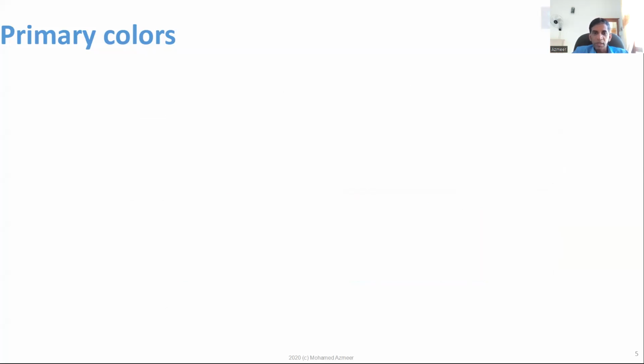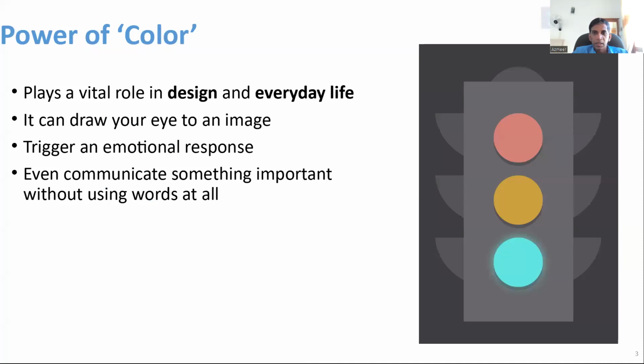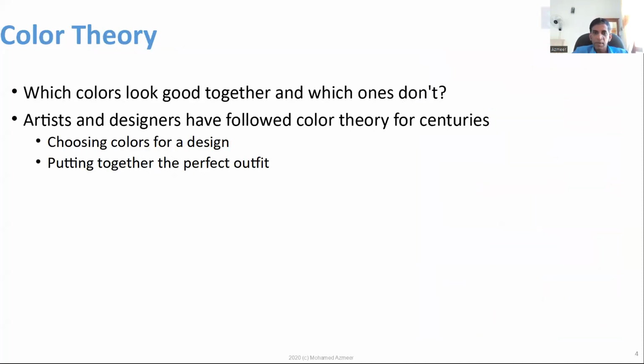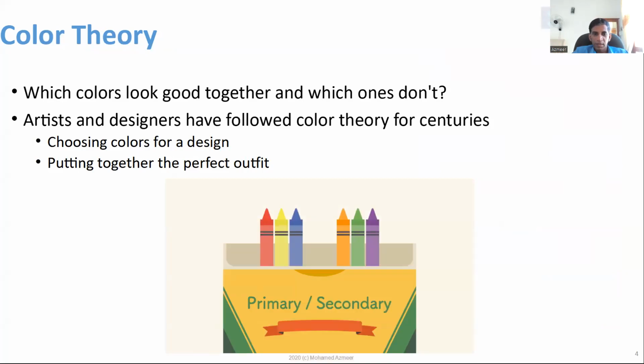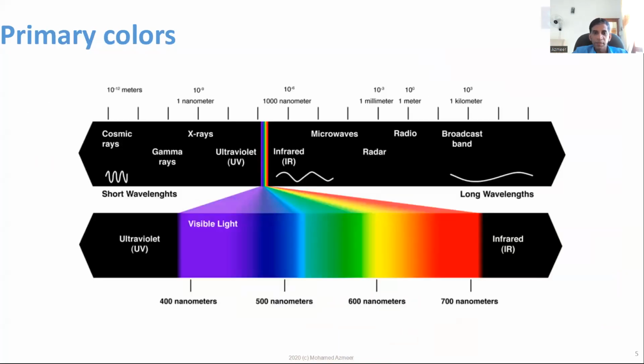So going back to our traffic light, right? The reason for red color is because it can travel far away, right? It has a lot of energy. This is why even in, let's say, a rainy, fog-filled night, you can still see red color, right?